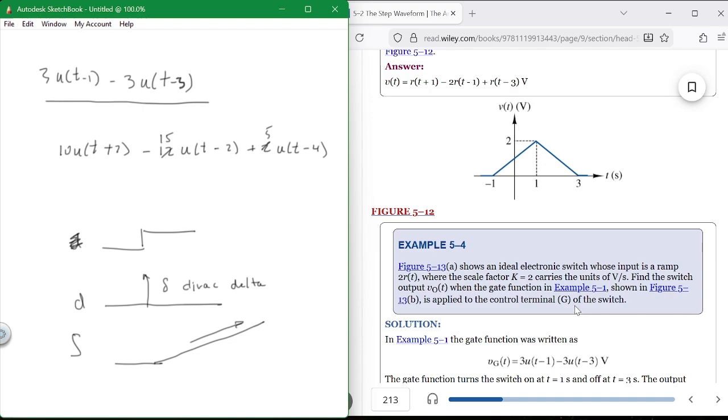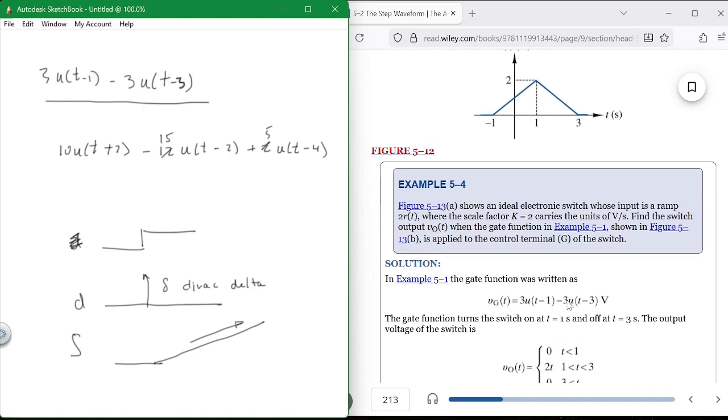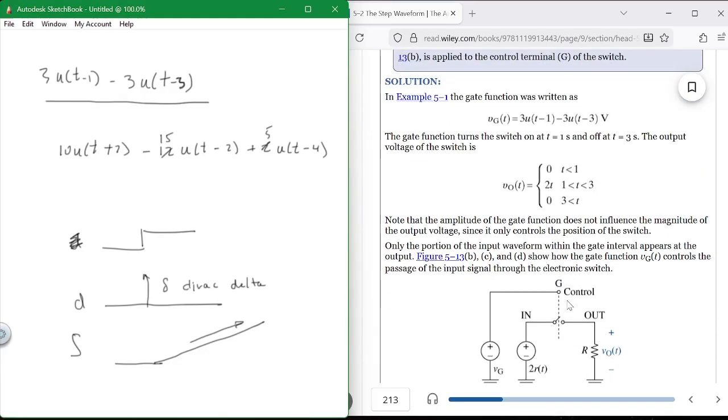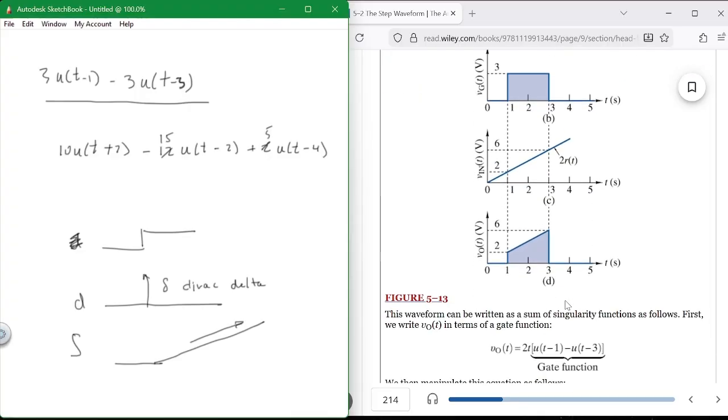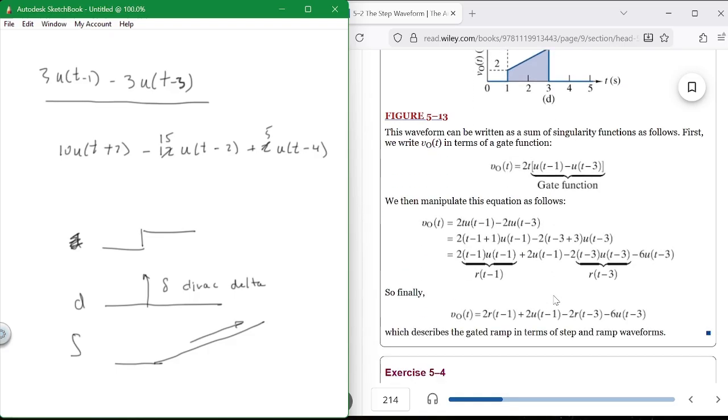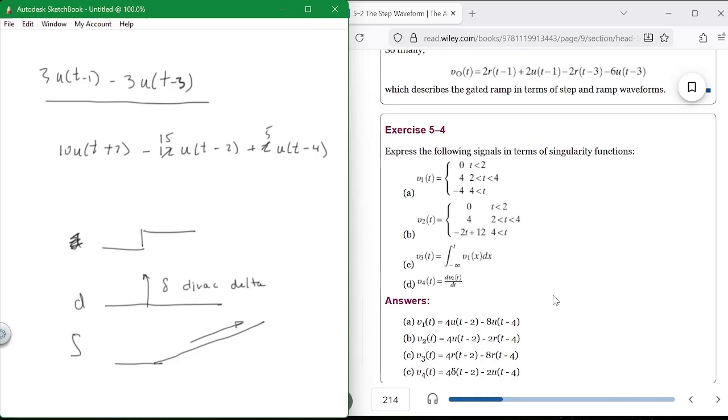Now, I haven't come up with any problems at the end of the chapter yet, but this is kind of where we end this. We don't go into all the other stuff. I have not looked at the problems at the end of chapter 5, but this is as far as we're going to go with this.